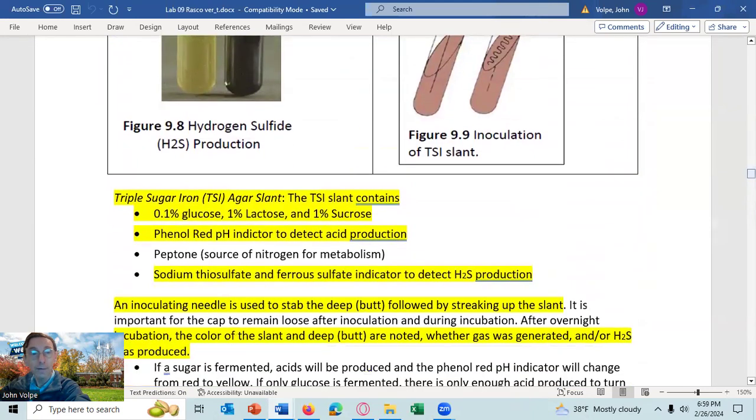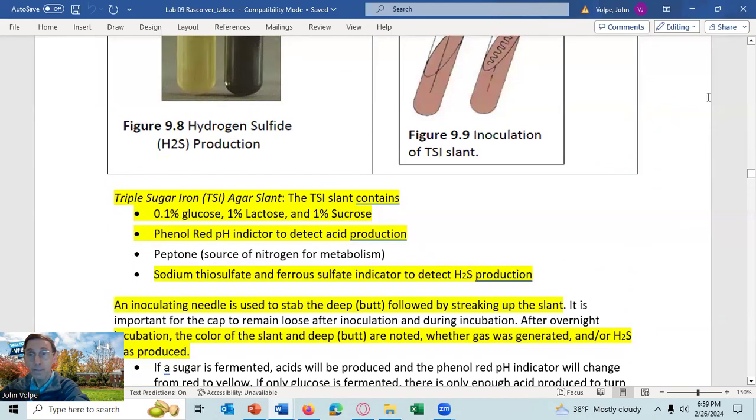All right, let's talk about the triple sugar iron slant. This test runs several tests all at once. The tube has in it 0.1% glucose, 1% lactose, 1% sucrose. And it has sodium thiosulfate and ferrous sulfate, which allow the production of hydrogen sulfide.